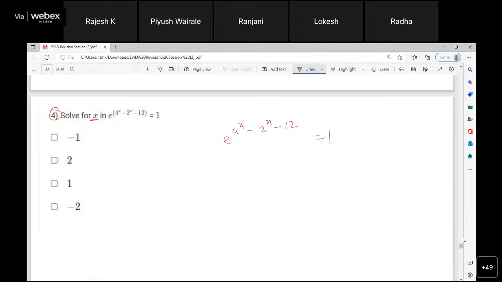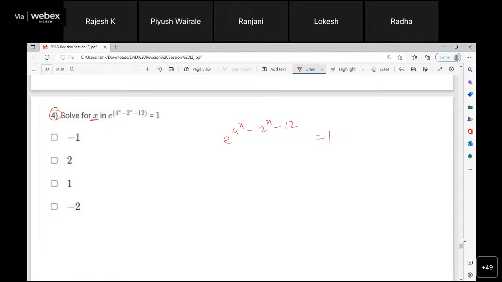Anything to the power 0 is 1. So e to the power whatever is there should be equal to 0. So 4 to the power x minus 2 to the power x minus 12 should be equal to 0, right?